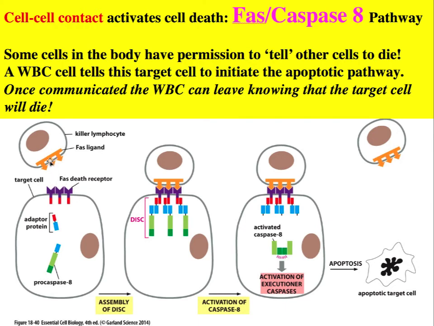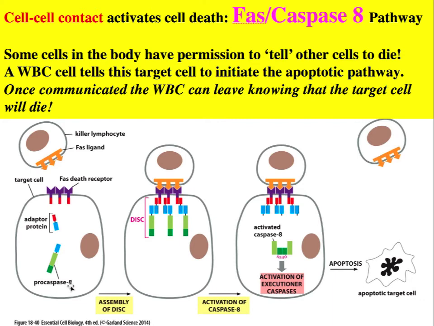And the binding of these two, as indicated in the middle panel, will cause the internal surface of the receptor to change shape. It will then be able to bind for the first time to this adapter protein, as indicated here. And once the adapter protein has changed shape, it will then be able to bind to its procaspase.